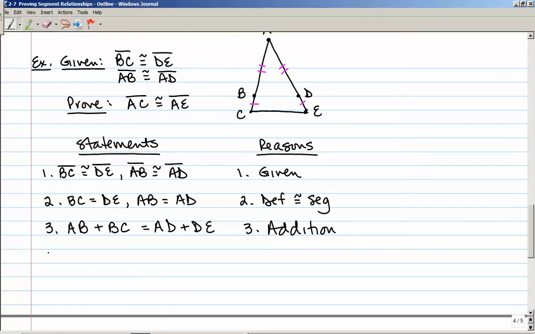Okay. Step 4. Well, let's take a look at this. AB plus BC, isn't that the same thing as AC from our picture? And AD plus DE, isn't that the same thing as AE? It is, and that would be segment addition postulate.